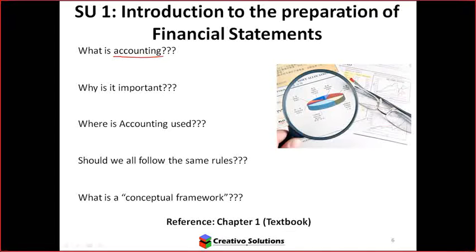So a framework is almost like the basis in terms of how we actually approach different scenarios. So if you're ever stuck in a situation where you're not too sure how to approach a situation or a transaction, you normally refer to the theory, which is the conceptual framework, which is provided by the International Financial Reporting Standards, okay, IFRS.